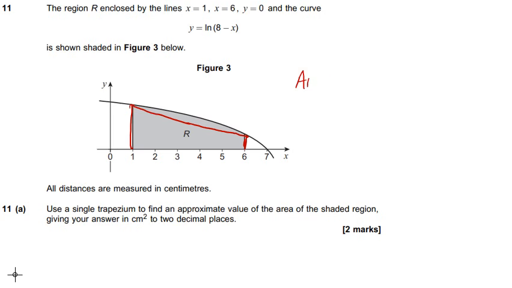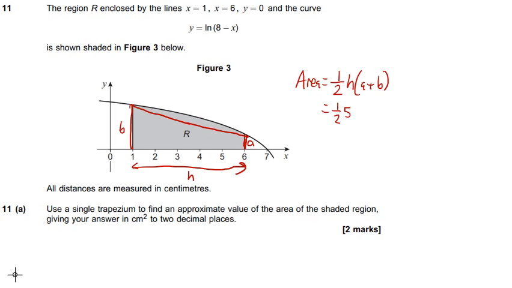So the area of that trapezium is going to be equal to 1/2 of h. Okay, so this is h, the height of the trapezium, and then a and b, the two ends, 1/2 of a plus b. So what are we going to have? Well, h is going to be 6 minus 1, so that's 5.